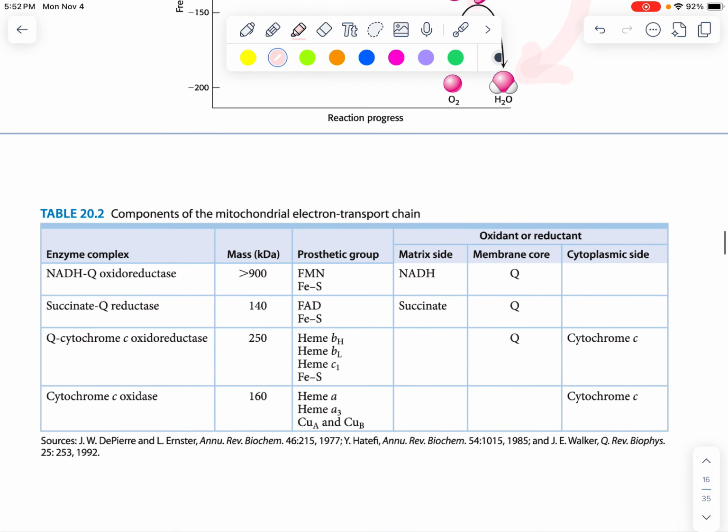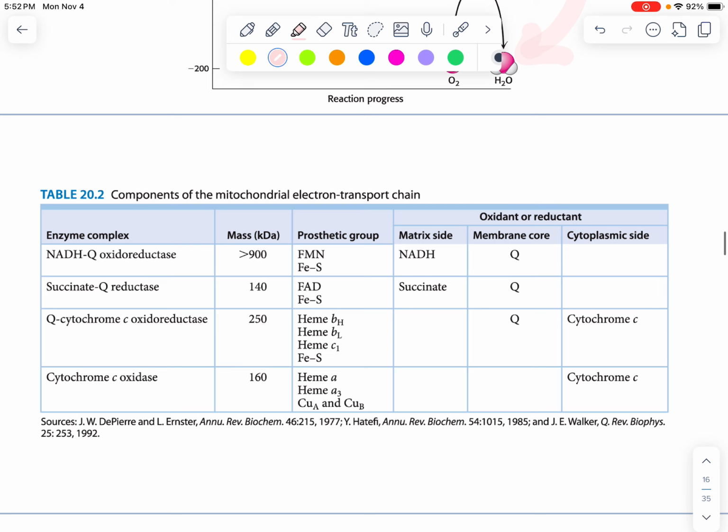When we look at the 4 enzyme complexes, here is a chart, some things to notice. These enzyme subunits are enormous, more than 900 kilodaltons, 140, 250 kilodaltons. These things are huge. They're multi-subunit, multi-active site enzyme complexes.